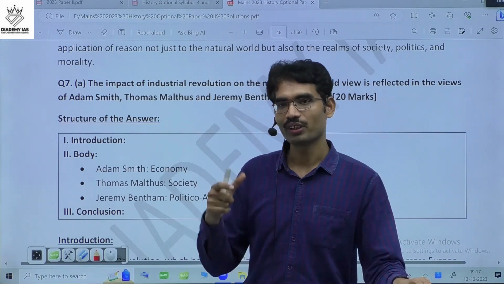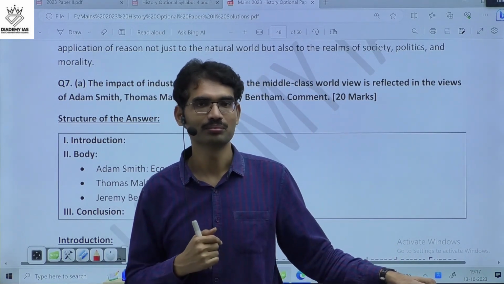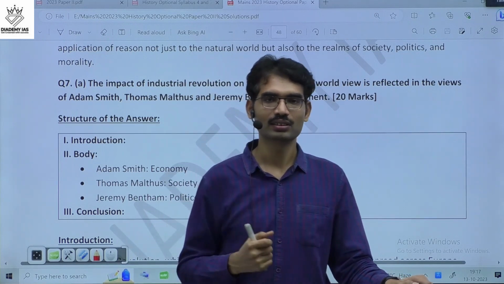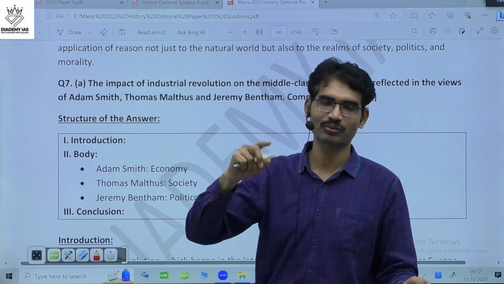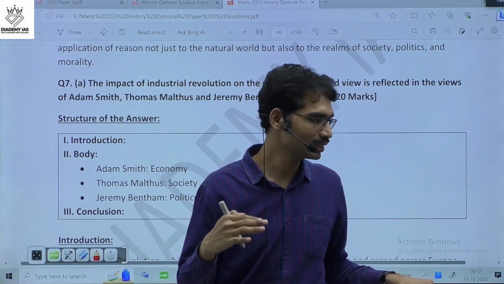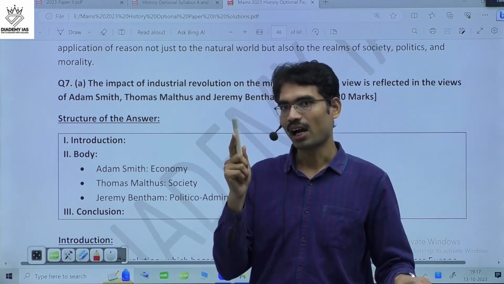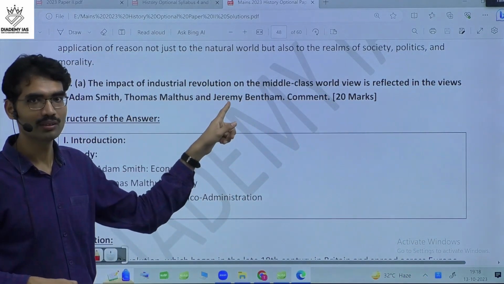Yes. So William Bentinck, he was the one who abolished sati, thuggees. So he has taken some of the British policies which helped the Indians on large scale. And he was one of the supporters of Jeremy Bentham.